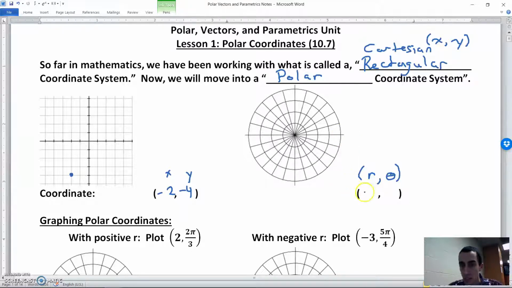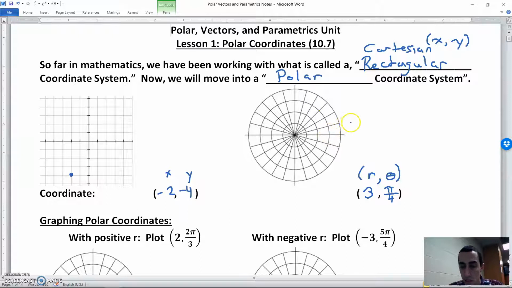So let me give you an example. Suppose that we've got 3 comma pi over 4. So our point is going to be 1, 2, 3 units away from the center, and it's going to be a pi over 4 rotation going in the counterclockwise direction.